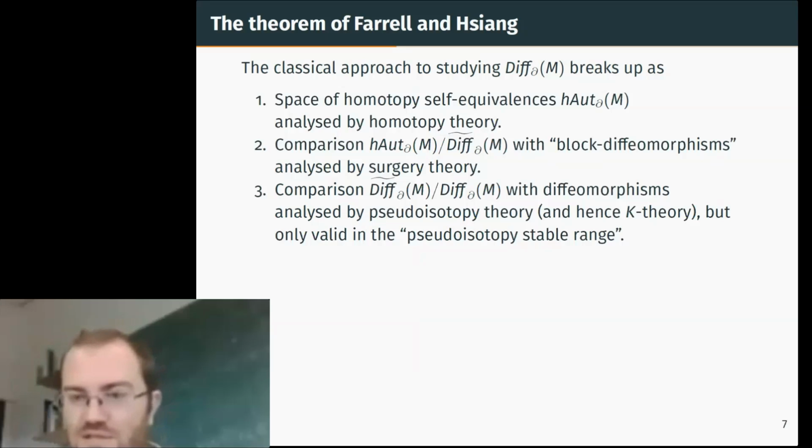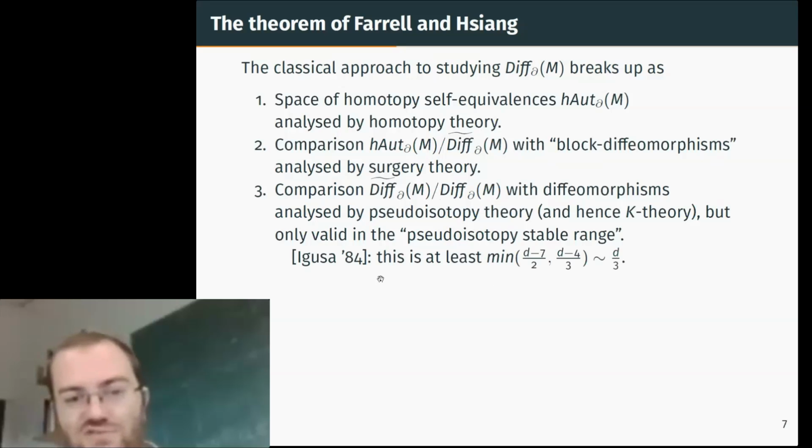The first 2 steps, even though you may have difficulties in pursuing them, at least in principle, you can hope for a complete answer. In the pseudo-isotopy step, it's well known that the description of pseudo-isotopy is only valid in a certain range of degrees, known as the pseudo-isotopy stable range. And a very deep theorem of Igusa is that this range is at least, we don't really know what it is, but it's at least this function here, which is approximately the dimension of the manifold divided by 3.